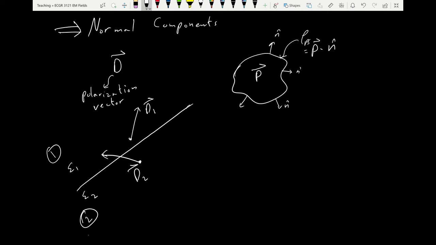At the interface, at the border of material 2, we're going to have a charge density that appears, because all the polarizations are happening inside the space, and then they hit the boundary, and they manifest as a surface charge density at the boundary. So there are two charge densities on the interface: charge densities that manifest due to polarization in material 2, plus the charge densities that manifest due to polarization in material 1.